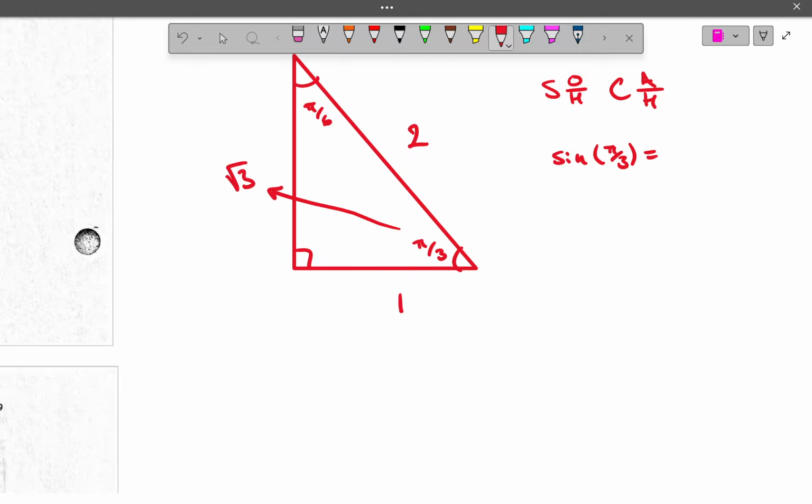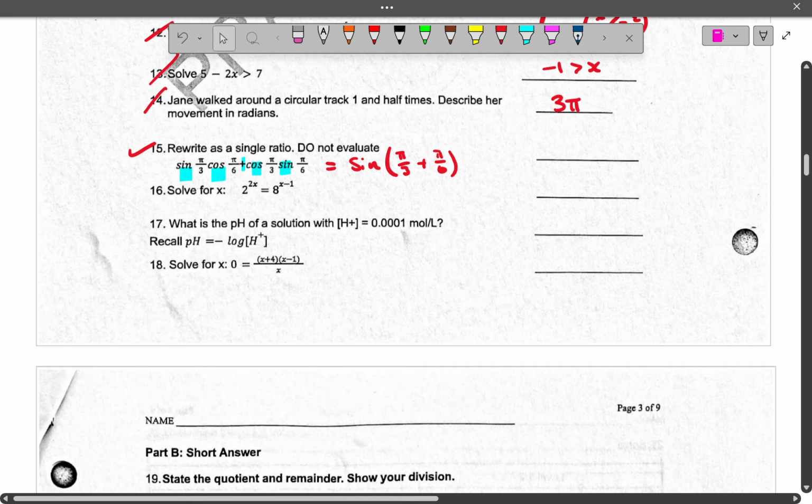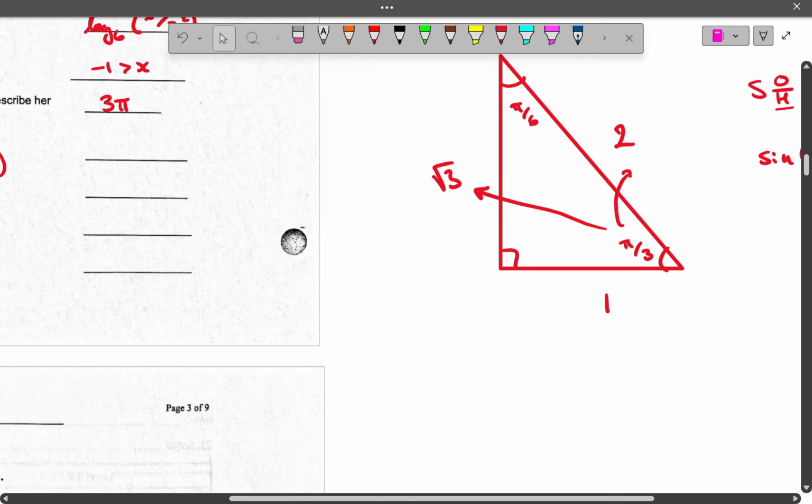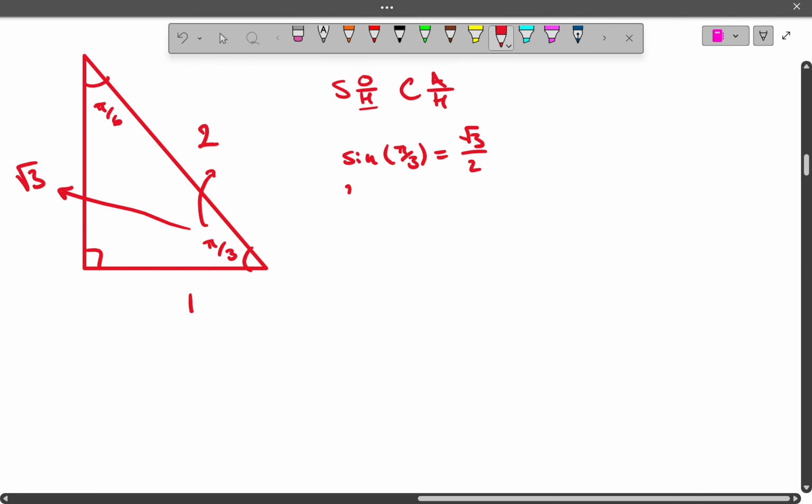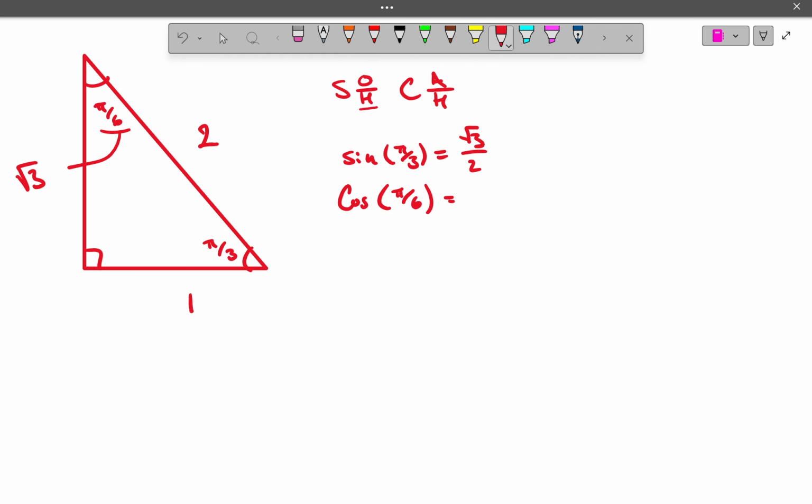So it's square root of 3 divided by the hypotenuse, 2. So there's our first part. And then times cosine of pi over 6. Here's pi over 6. And cosine is adjacent, so it's going to be here. Square root of 3 over the hypotenuse, that's 2.